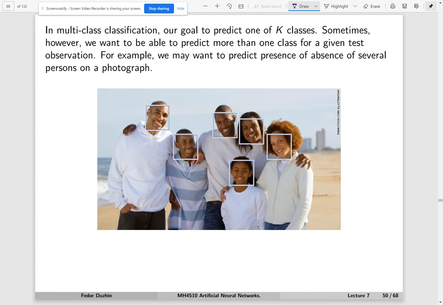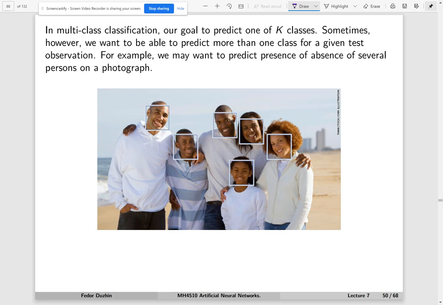Okay, this was multi-class classification, but by contrast, sometimes we want the possibility of predicting more than one class for a given test observation. The simplest example is probably photographs. If we want to recognize faces on photographs, the same photograph may have several different faces. For every person in our database, we want to predict the absence or presence of that person on a given photograph.